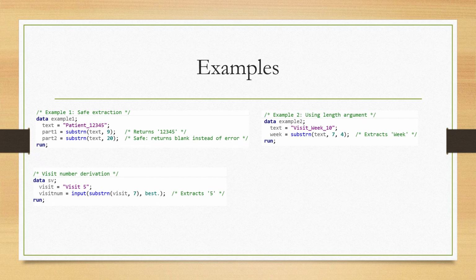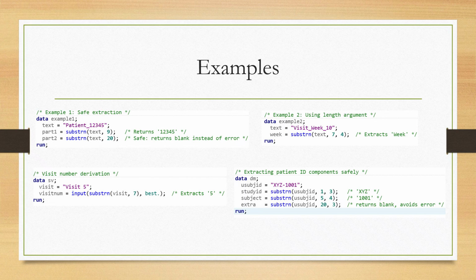In this example, the 7th position is the position of the character w, so the next 4 characters will be read, and the result captured in the week variable will be the value week. This is again the same as the SUBSTR function result.